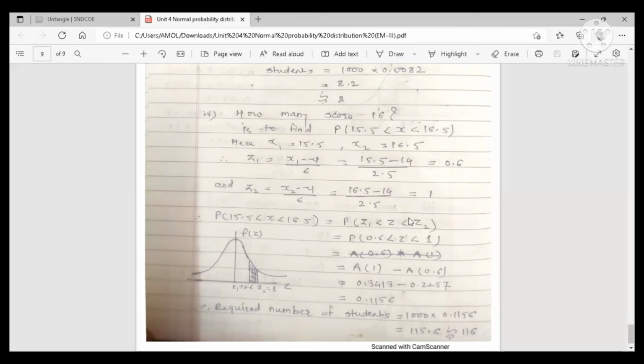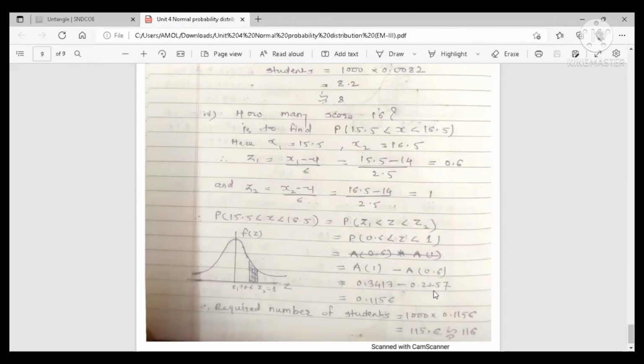Because both z1, z2 are positive, we subtract the smaller area from the bigger one. The area of 1 is 0.3413 from the normal distribution table, and the area of 0.6 is 0.2257.